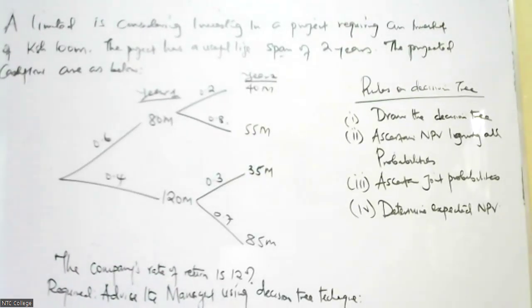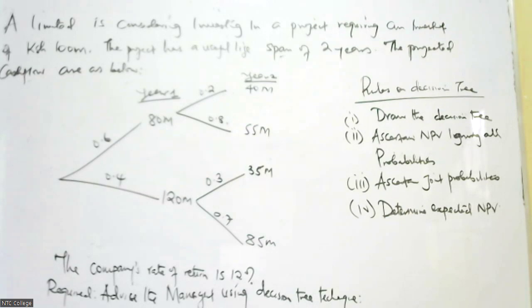I can read for you. Which figure are you not able to see? A Limited is considering, don't read it as unlimited. A Limited is considering investing in a project requiring an investment of 100 million Kenyan shillings. The project has a lifespan of 2 years. The cash flows are as below. We have probability of 0.6 giving 80 million, 0.4 giving 120 million.